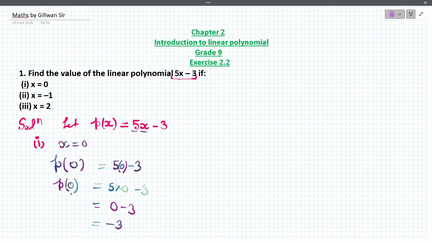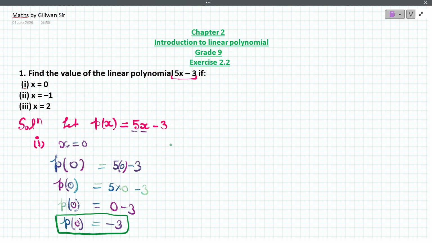Here the value of the polynomial at x equals 0 is minus 3. It is the required value of the polynomial.